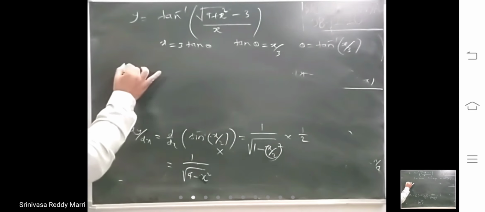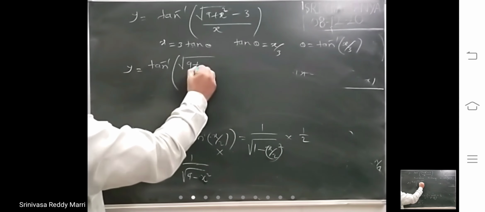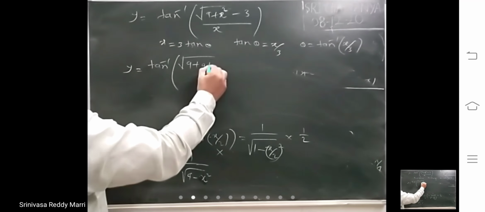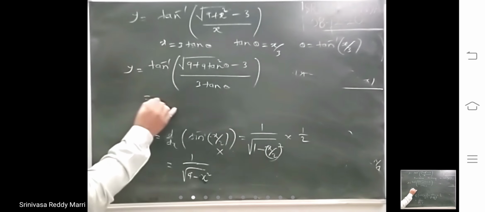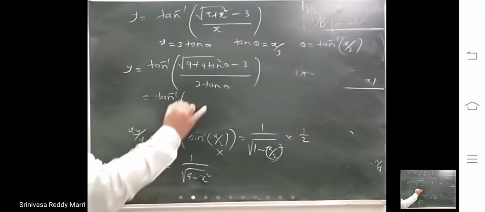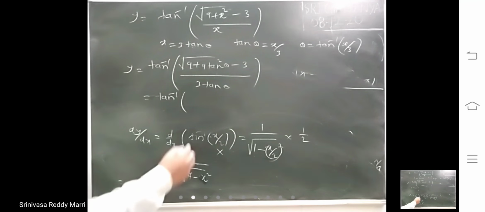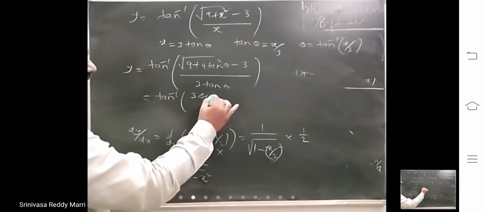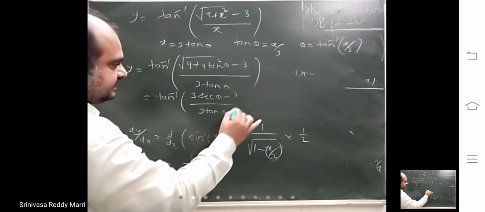So now substitute that. Tan inverse, if you substitute here, root of 9 plus 9 tan square theta minus 3, divided by 3 tan theta. If you take 9 common, it is 9 secant square theta, so 3 secant theta will come out, divided by 3 tan theta.